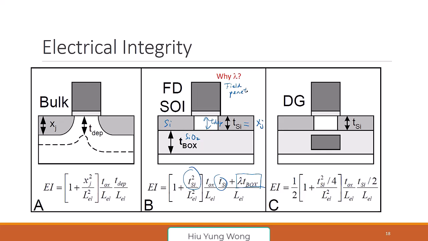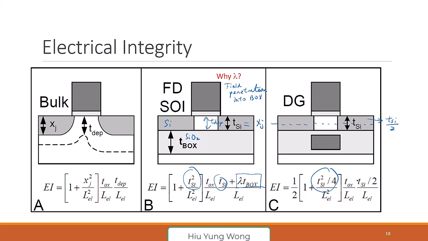Into the buried oxide layer, right? Because your electric field does not stop right away. It has some effective penetration. So the effective depletion width is a little bit larger. And now if I go to double gate, this one is just T_Si divided by 2 because I need to take the symmetric view.